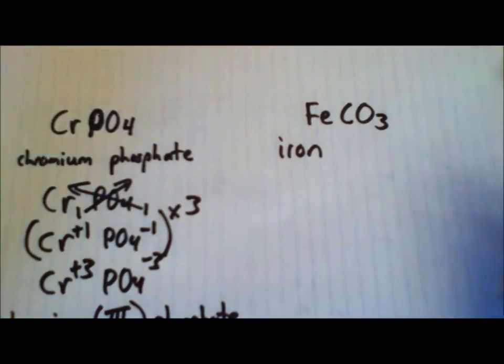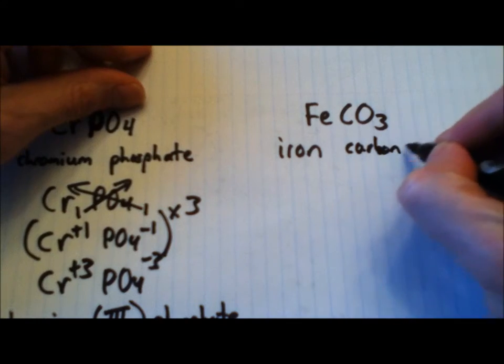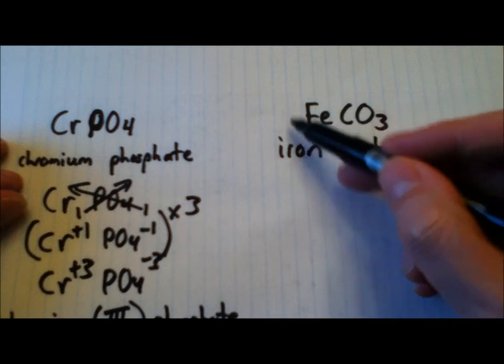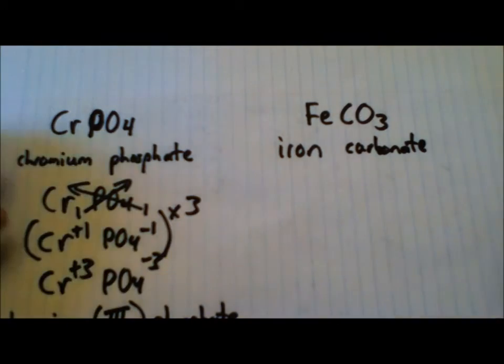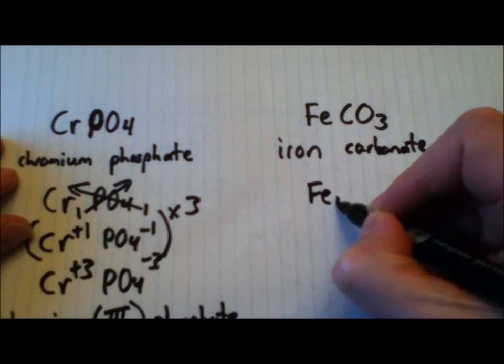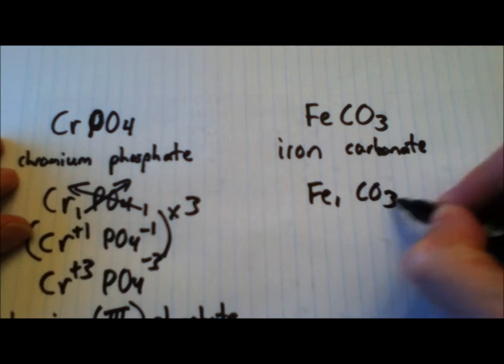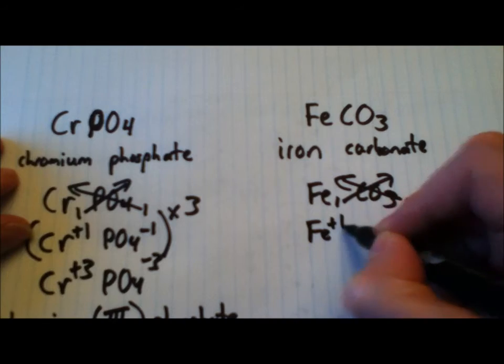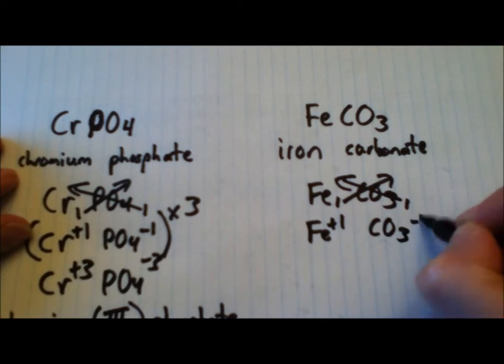That is carbonate, so we write carbonate here. Then, because the iron gets multiple charges, we have to reverse the crisscross. So we've got Fe1, CO3, 1. Reverse the crisscross, and what you get is Fe positive 1 and CO3 negative 1.